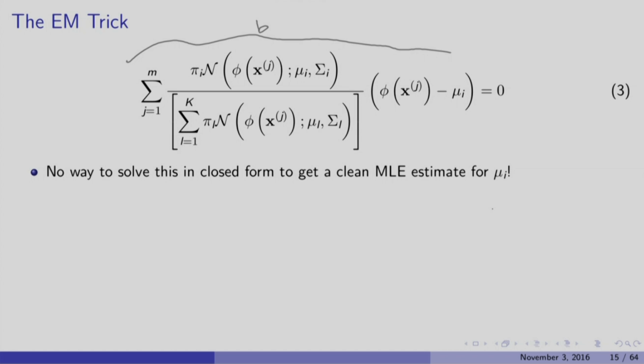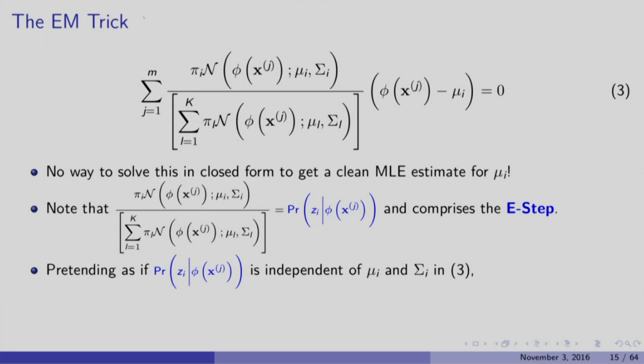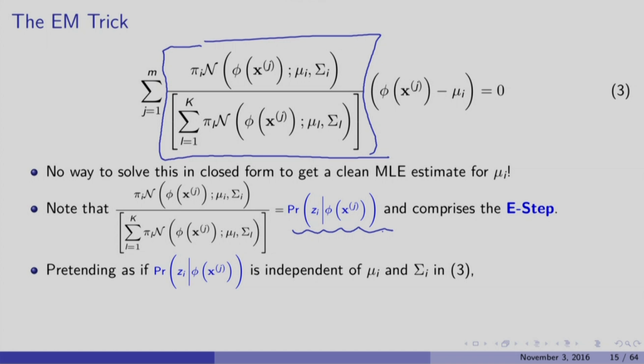What we will do is resort to the so-called EM trick. We make the following observation: the expression sitting here is nothing but the posterior distribution for the ith cluster given the data point xj.